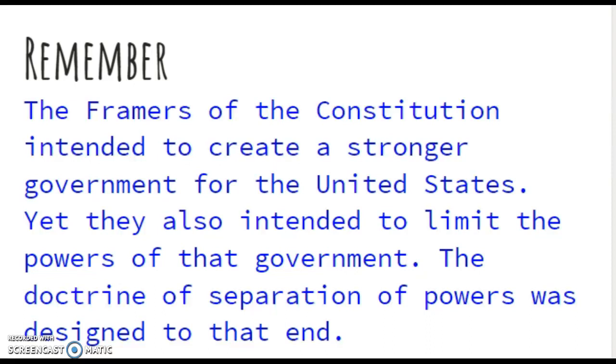Because if we gave them too much power, then we might see a monarchy or a dictatorship emerge. And so we put the three branches of government in place to separate powers. We put the checks and balances in place to check those powers, to make sure no one branch rose above the other and abused its power, and again, formed some sort of monarchy or dictatorship that we did not want.